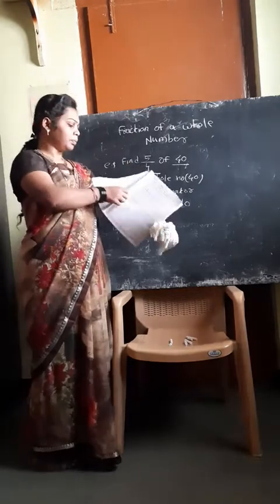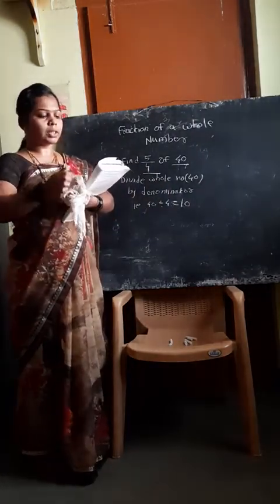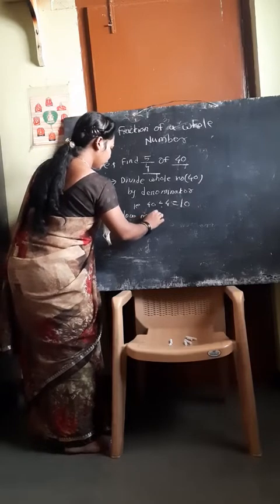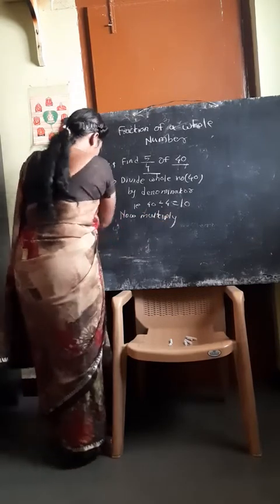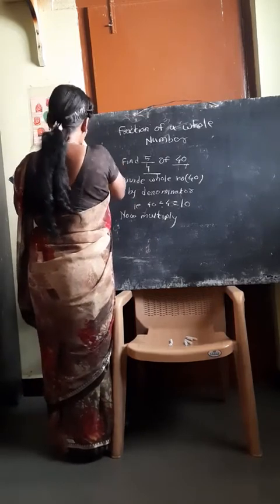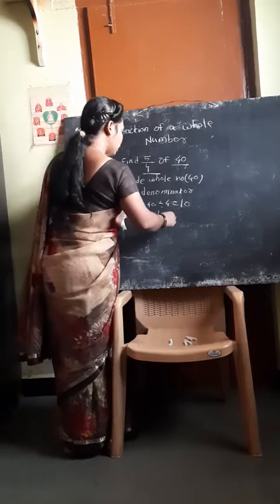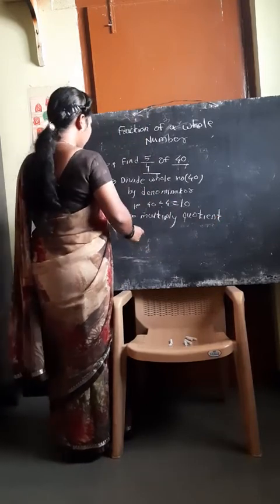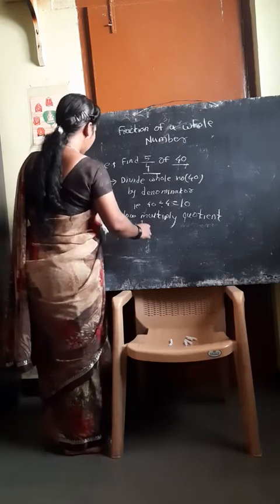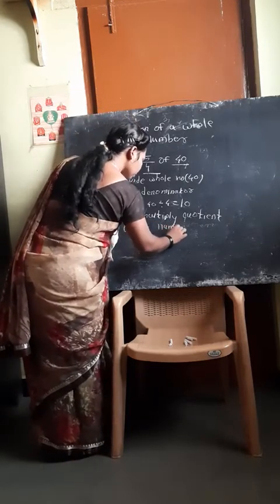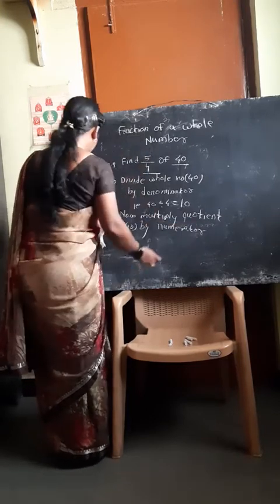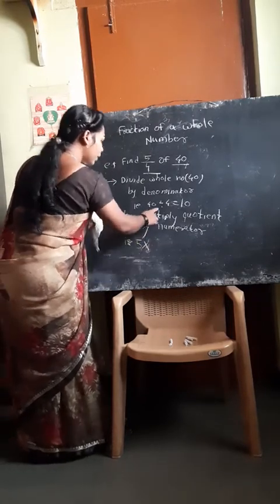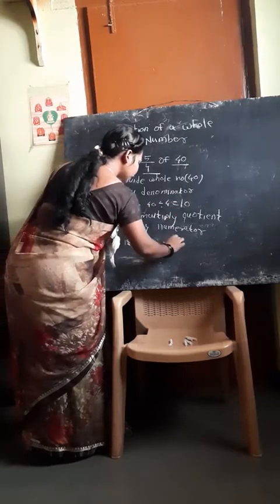Next step is to multiply the quotient 10 by the numerator 5. 5 multiplied by 10 is equal to 50.